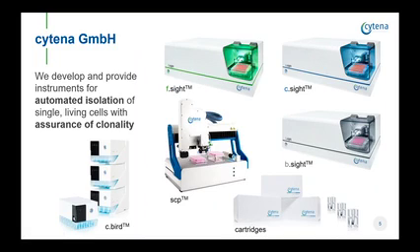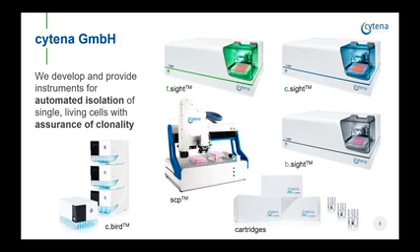Here at CYTENA, we develop instruments for automated isolation of single living cells since 2014. All our instruments are capable of label-free cell isolation and come with image-based assurance of clonality. It started all off with a single cell printer that you can see here that was launched in 2015. In 2018, we then launched the Xcyte series, which comprises 3 instruments for isolation of mammalian and microbial cells.